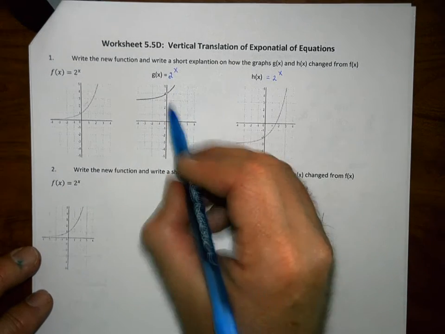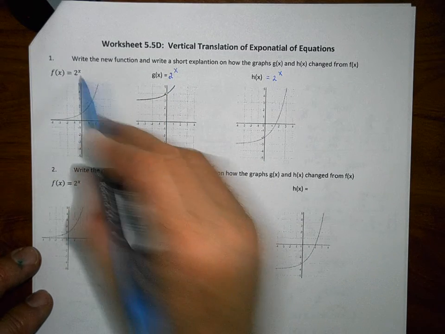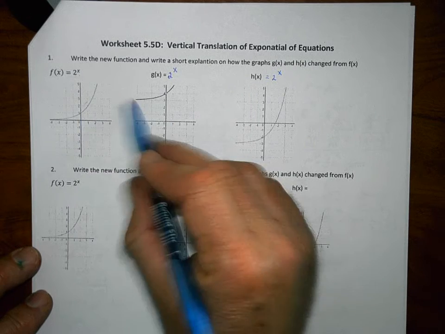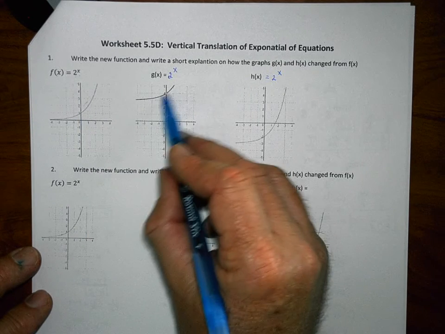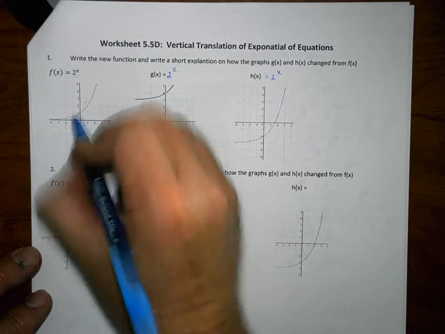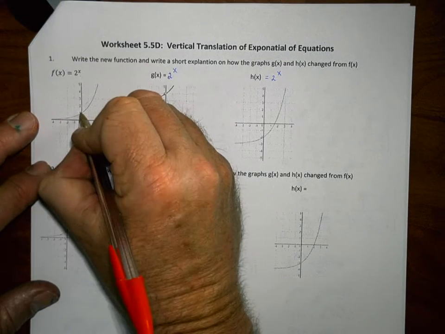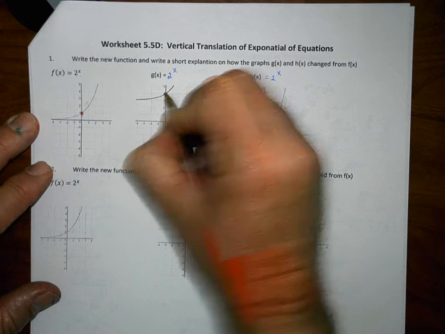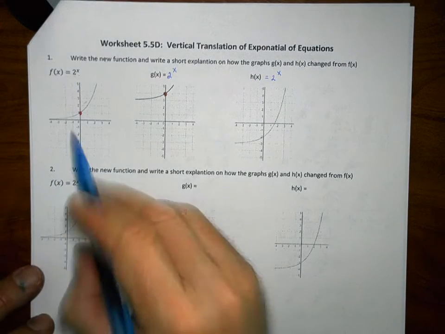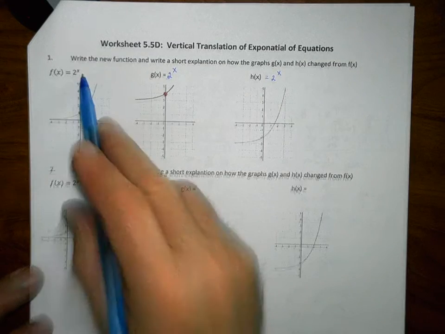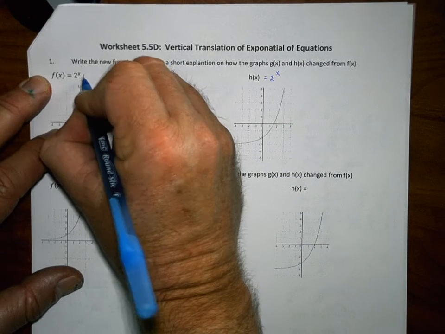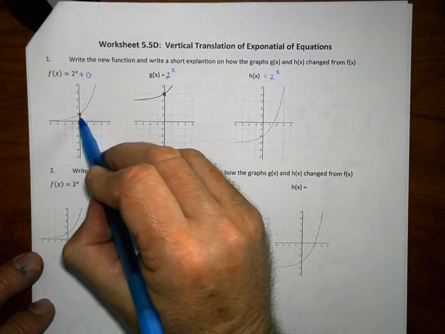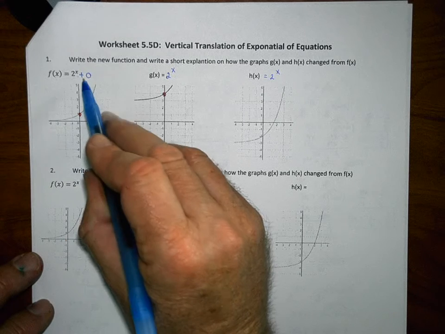That part's not going to change, but logically something has to change in the equation because something changed in the graph. If you notice, the g of x graph is the same exact graph as f of x except it was shifted from having a y-intercept of +1 to having a y-intercept of +4. That is very important because if I think of this equation as 2 to the x power plus 0, the y-intercept is 1 more than that value.